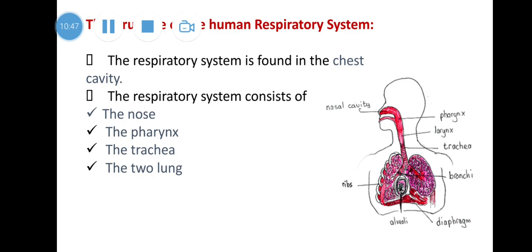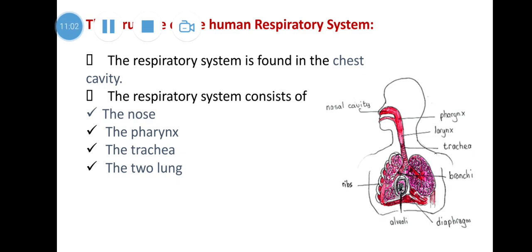They take the carbon dioxide from the blood capillaries, and they give it oxygen.